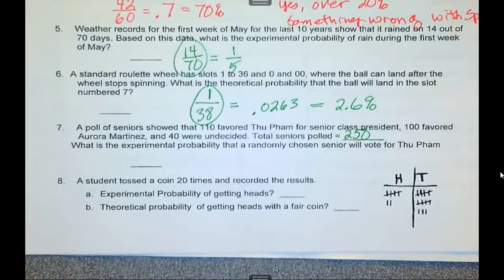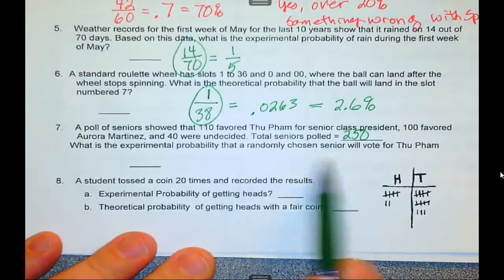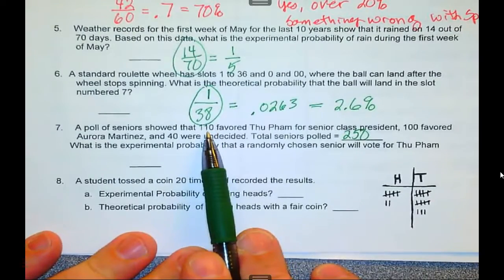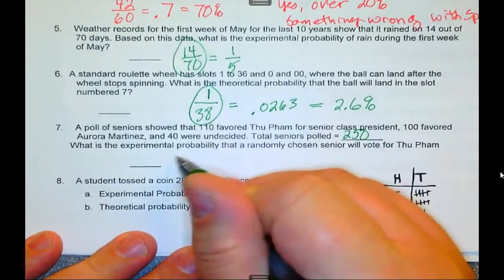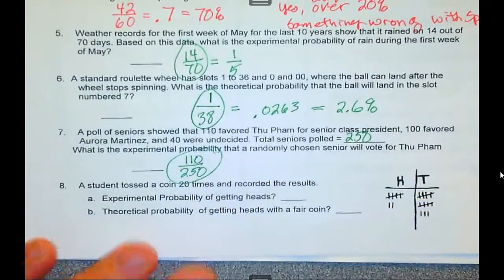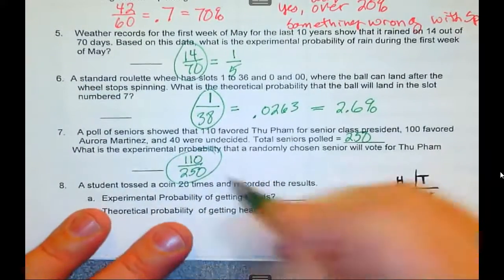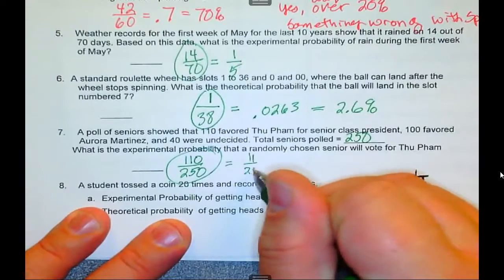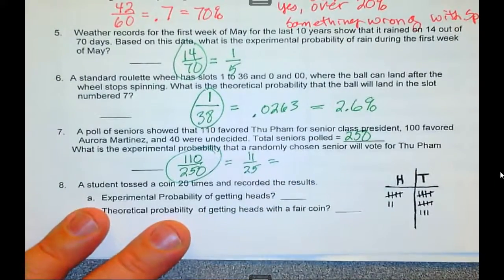What is the experimental probability that a randomly chosen senior will vote for Thursday Pharmacy? No, 110. 110 out of 250. And we got a worksheet.